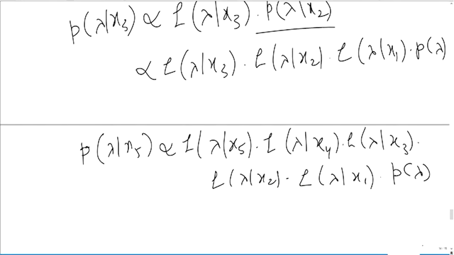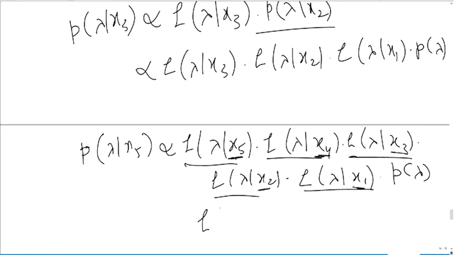What is this thing? Likelihood of lambda given x1, x2, x3, x4, x5. Basically, you are multiplying the likelihood of theta given data from each experiment. This is the joint likelihood, the likelihood for a particular value of theta given that you observe data from x1 to x5.